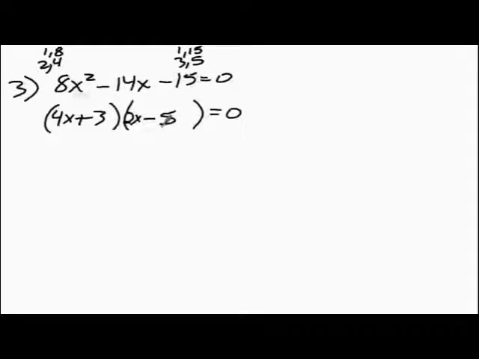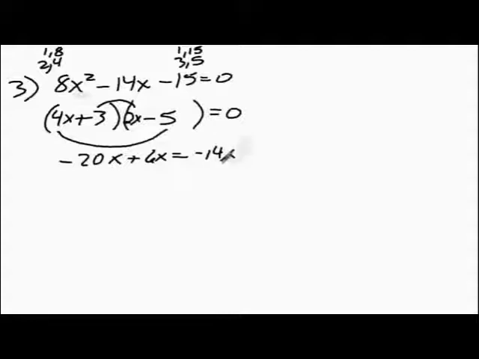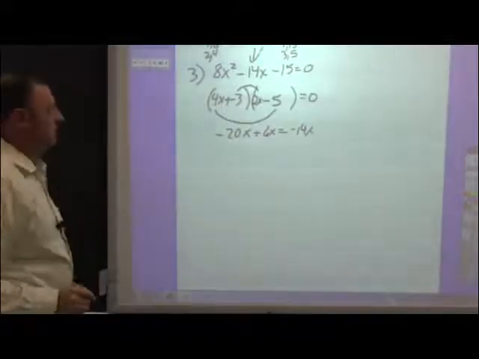FOIL. 4x times negative 5 is negative 20x. Then we got to do 3 times 2x. That's positive 6x. What's that give you? Negative 20x plus 6x, that's negative 14x. And that's what we wanted.